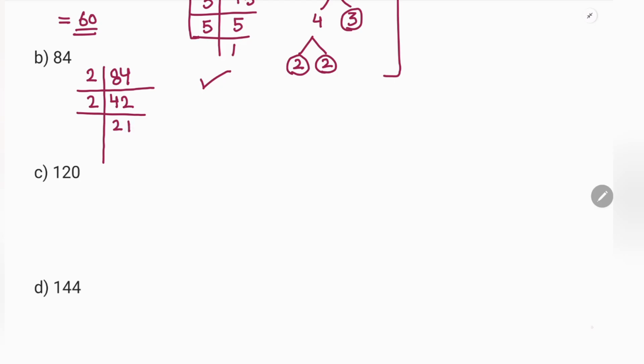Now is 21 divisible by 2? No. So I will take another number, 3. 21 is divisible by 3. I will get 7, and 7 is a prime, so I will divide it by 7 only. So I got 2 times 2 times 3 times 7 is equal to 84, and these are the prime factors of 84. This is how we calculate prime factors.